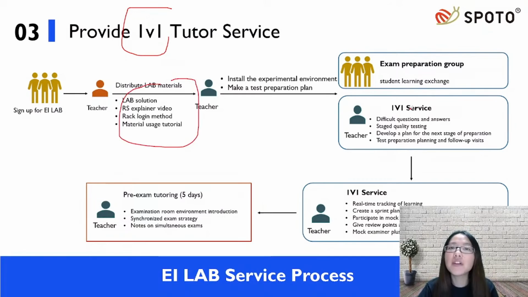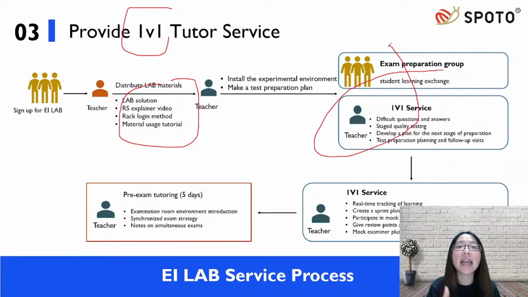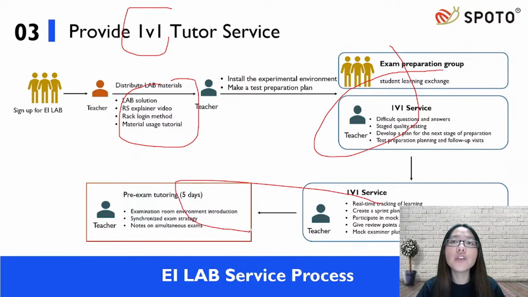We provide REC exercises, and if you encounter any problems, we will help you solve them. We will arrange for you to test the quality of practice at each stage to confirm that you meet test standards, and arrange the sprint plan for your matters needing attention, and so on.